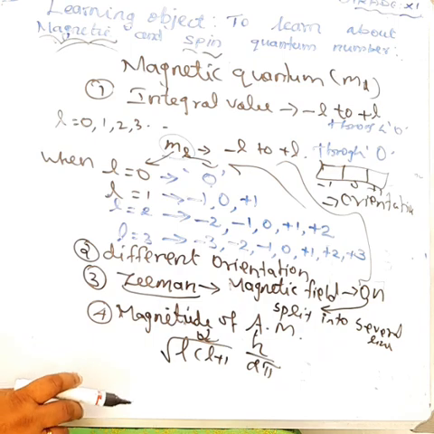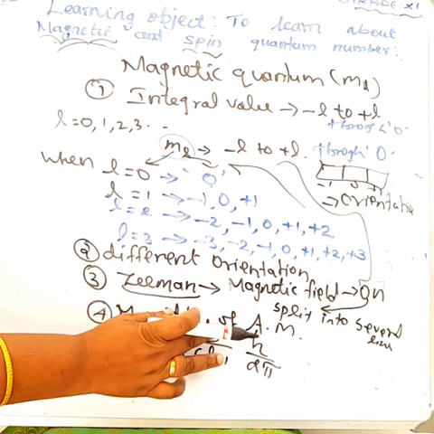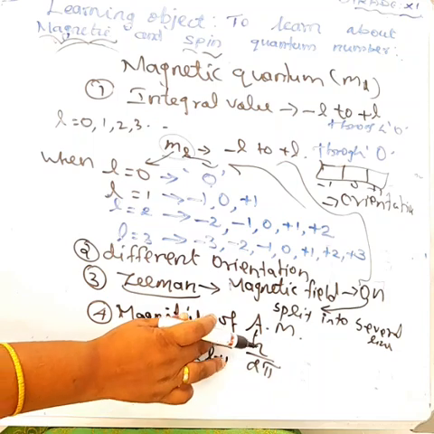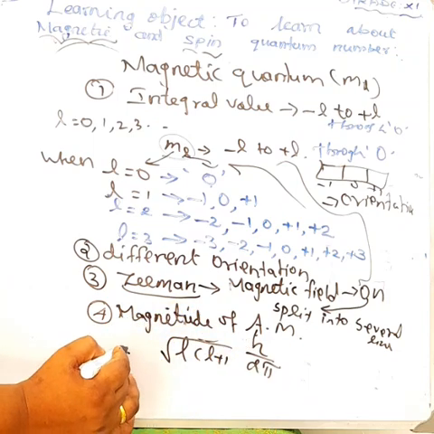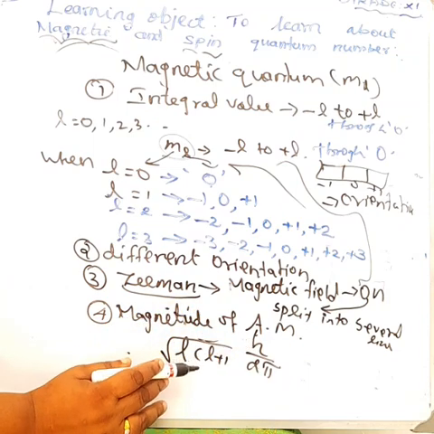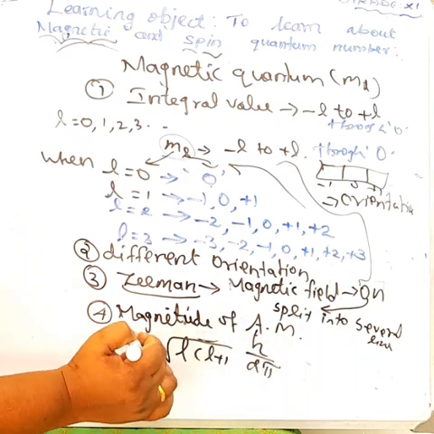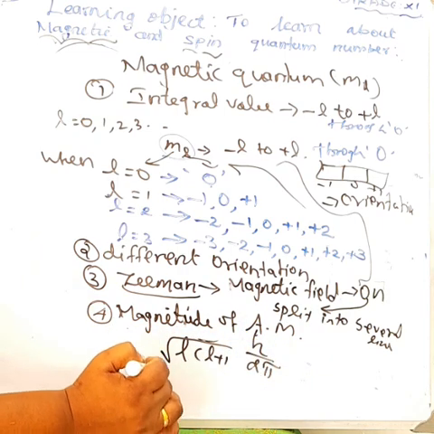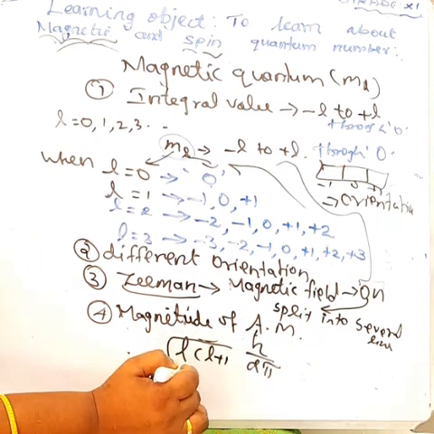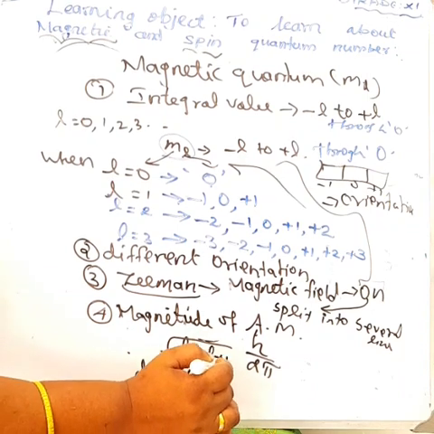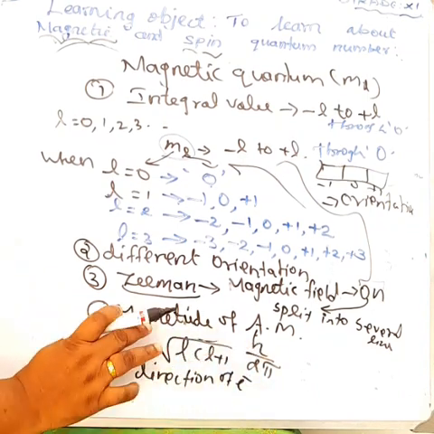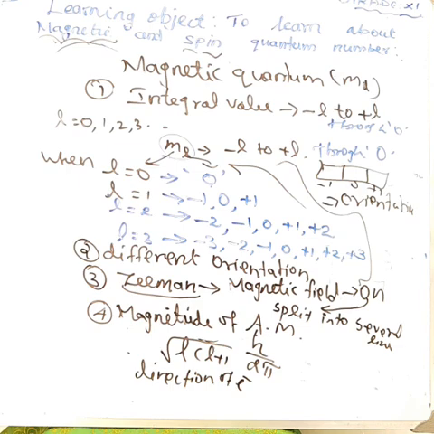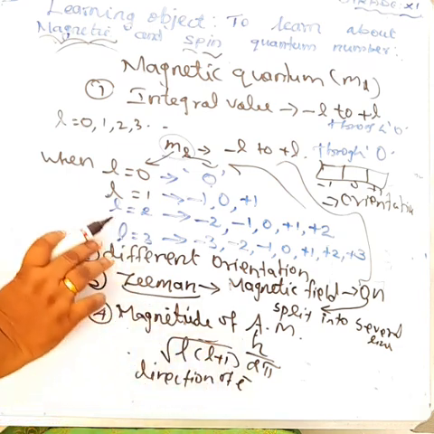But here, the magnetic quantum number is used to calculate the direction of the electrons. The magnitude of the angular momentum is given by the quantum number L, while its direction is given by the magnetic quantum number.